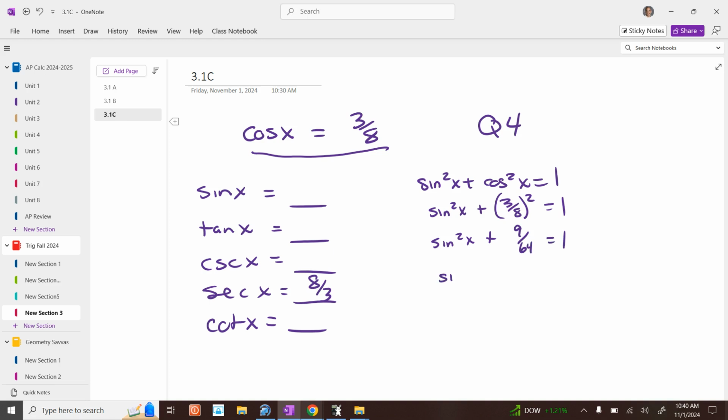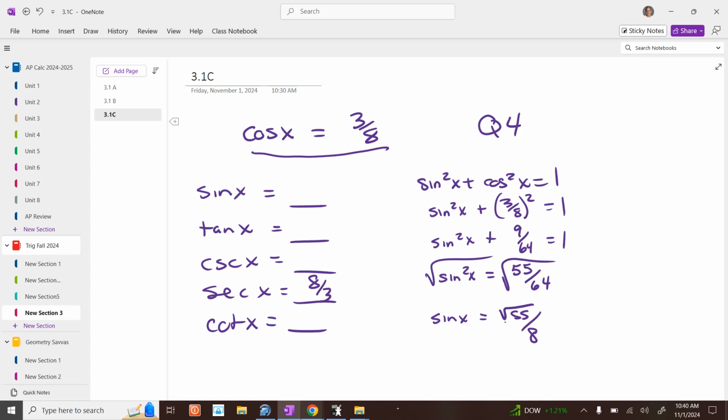Subtract 9/64 from each side. 64 minus 9 would be 55, correct? Then take the square root of each side. The sine of x would be the square root of 55 over 8, because the square root of 64 is 8.